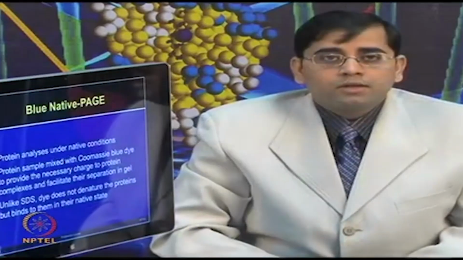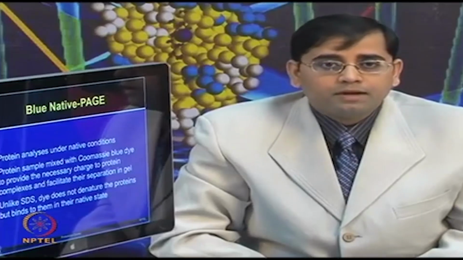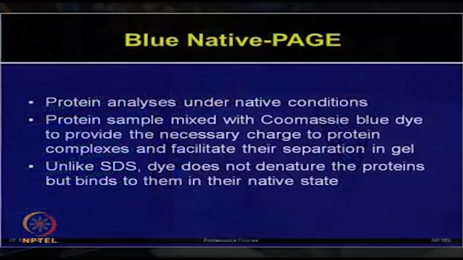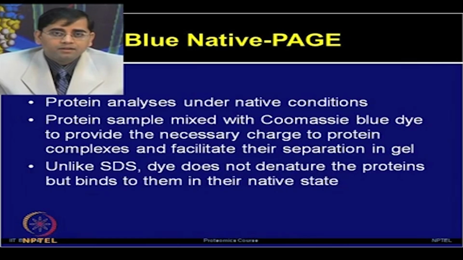Please keep in mind this is not going to be used for 2DE, but often people also use the native form for the 2DE separation. So, in the blue native page the protein analysis is performed under the native condition. Here you are not going to boil your protein sample with SDS and provide different types of denaturing conditions.